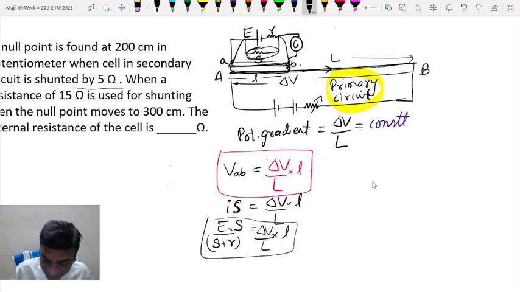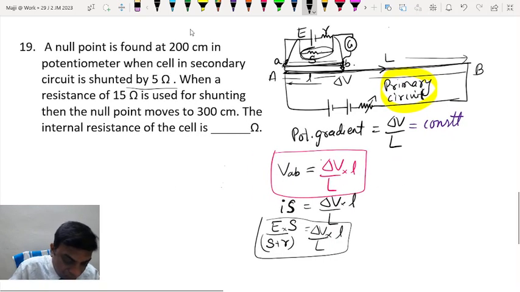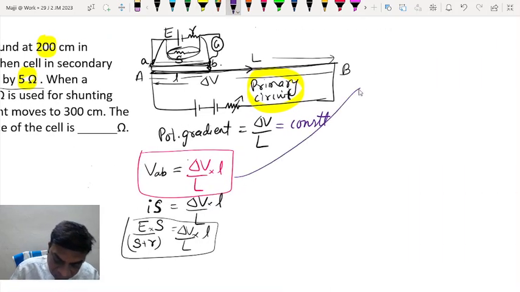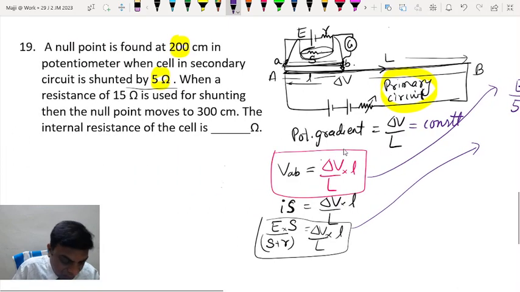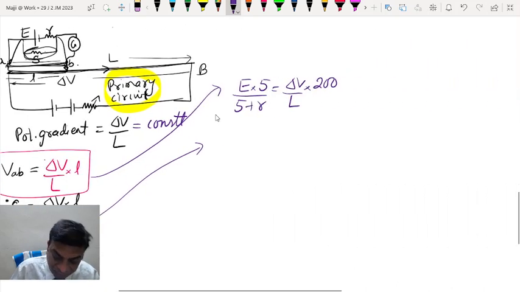So in the first case, the shunt is 5 ohm and the balancing length is 200 cm. So accordingly I can write one equation as E into 5 upon 5 plus R is equal to potential gradient multiplied by 200 centimeters. Similarly, in the second case, the shunt is 15 ohm and the balancing length is 300 cm.